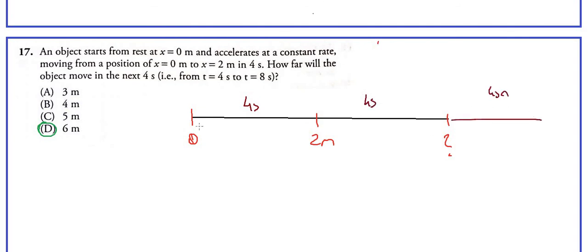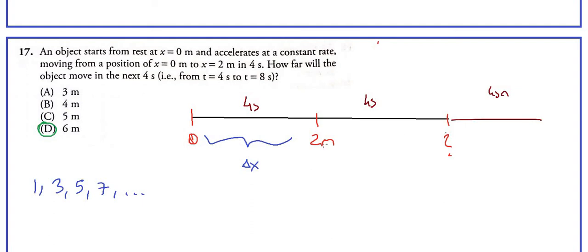So Galileo says whatever the displacement is, which is delta x, will be multiplied by the odd numbers like 1, 3, 5, 7, etc.